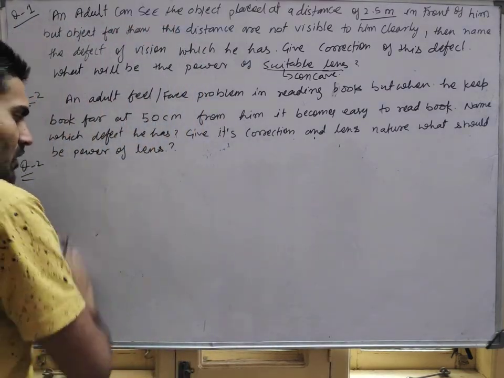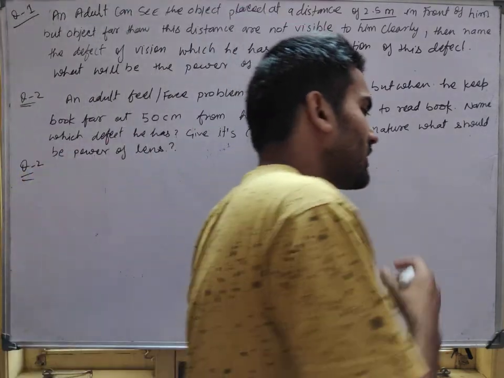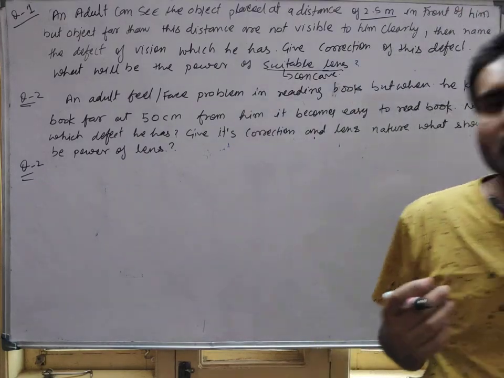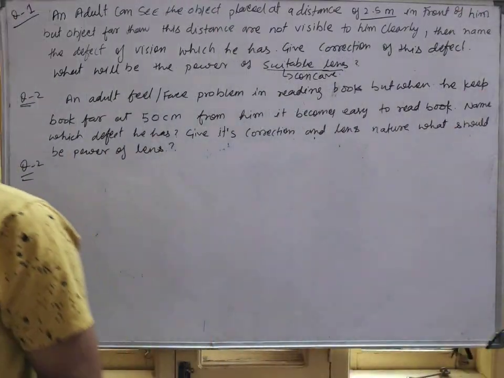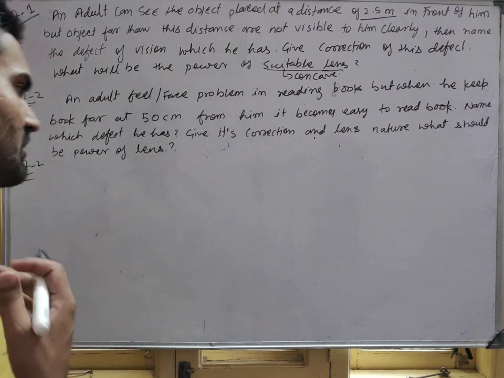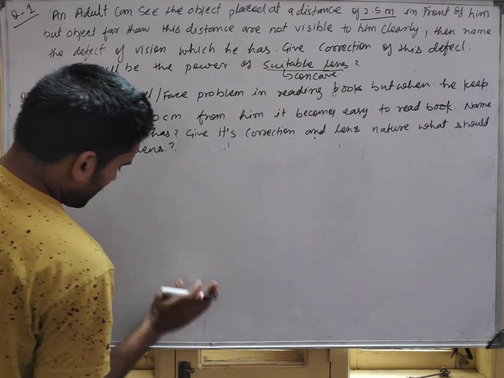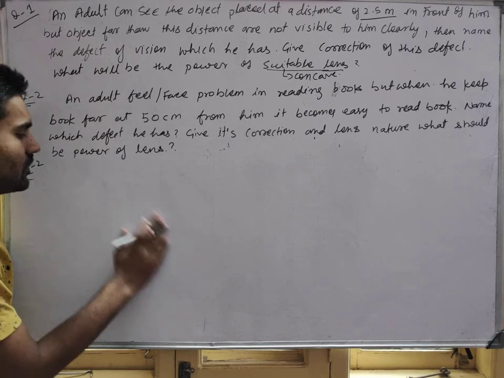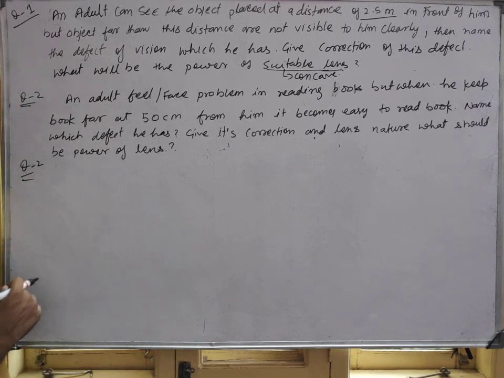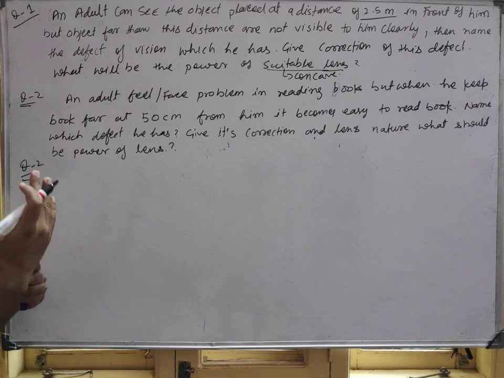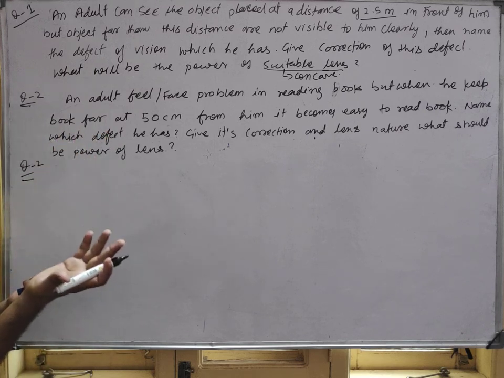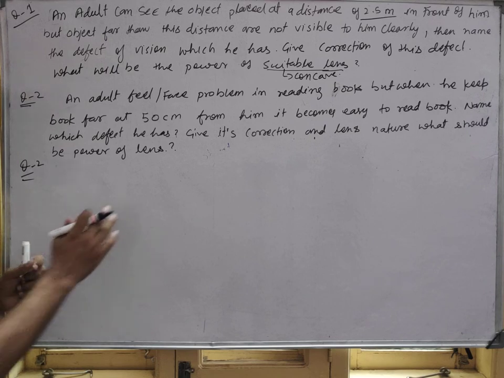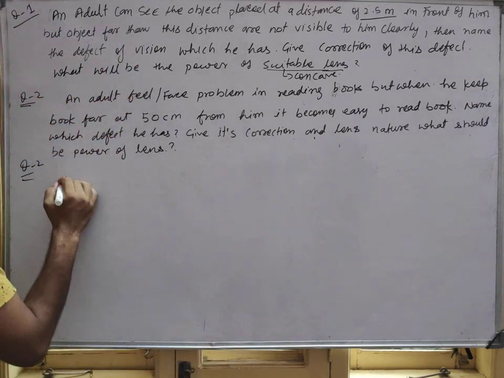It means what defect he has. I think it is hypermetropia. Why? Because he is not able to see near images. It means farsightedness. Okay, so he is saying that if we keep the object at 50 centimeters, he can see. And what is the near distance for normal eyes?